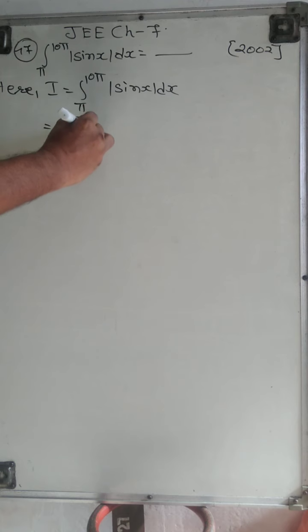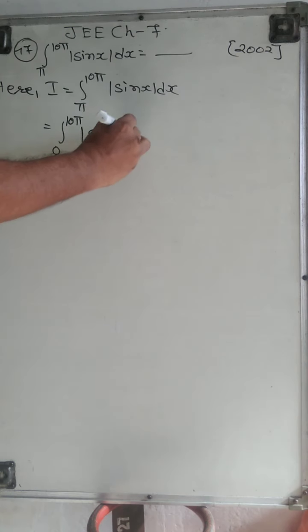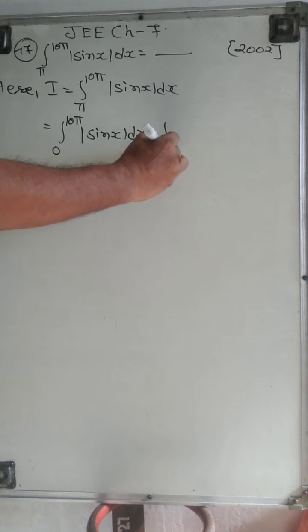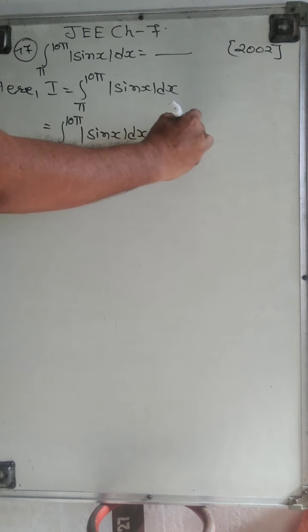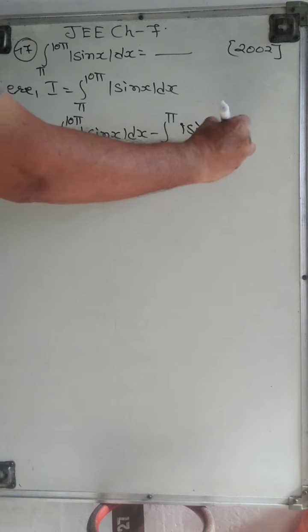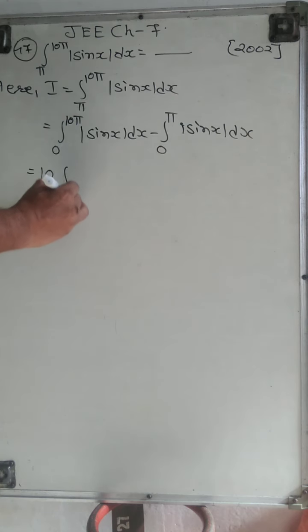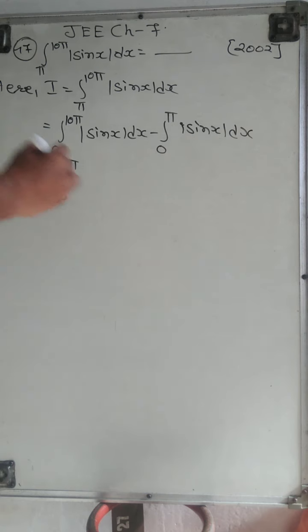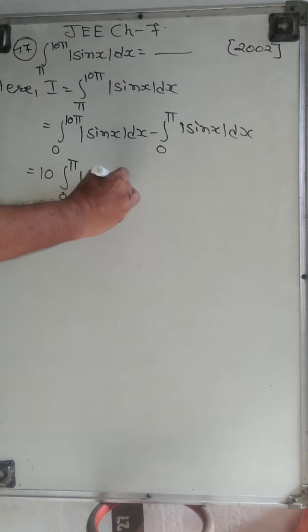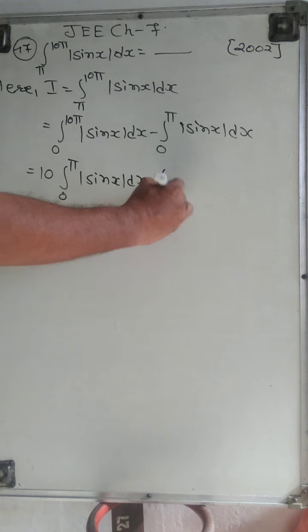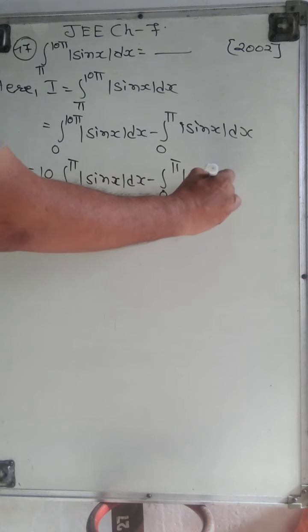So it is the integration of 0 to tanπ of |sin x| dx minus the integration of 0 to π of |sin x| dx. Now when we simplify, we put the tan value here: tan π times the integration of 0 to π of |sin x| dx, minus the integration of 0 to π of |sin x| dx.